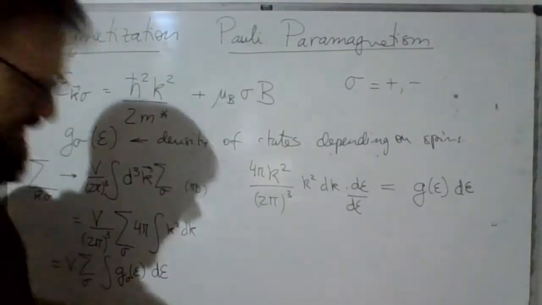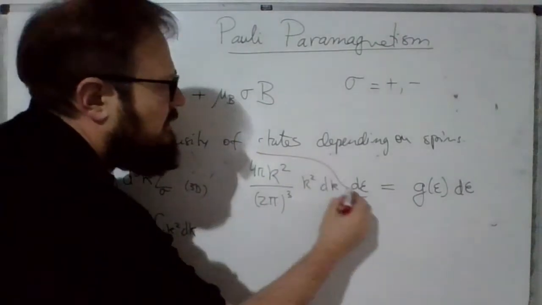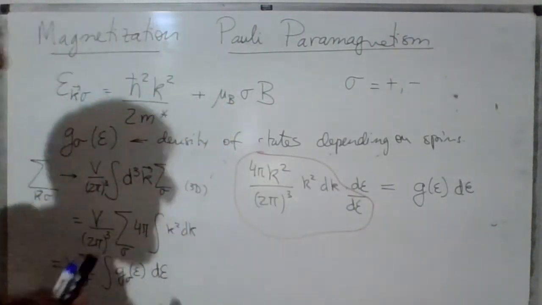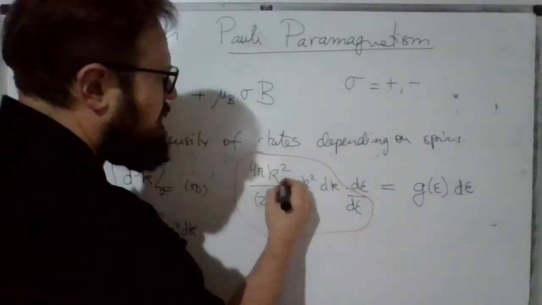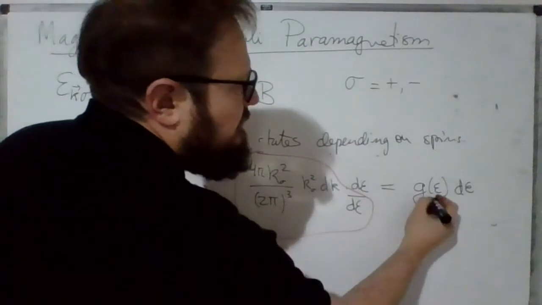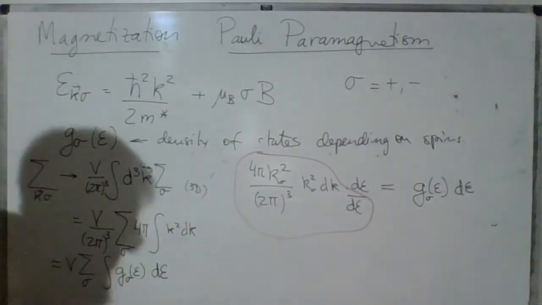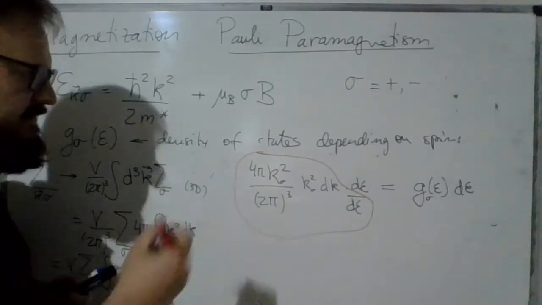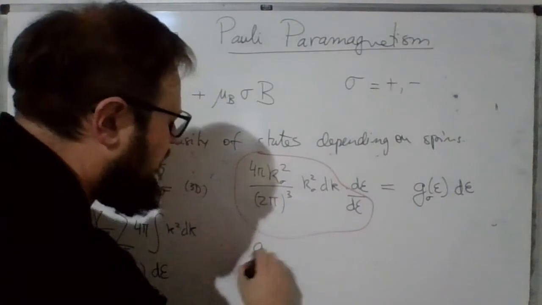And now, if we pick all this thing here, this depends on sigma now. And this is the density of states for that spin. All right. And now what we have is an identification with densities of states.